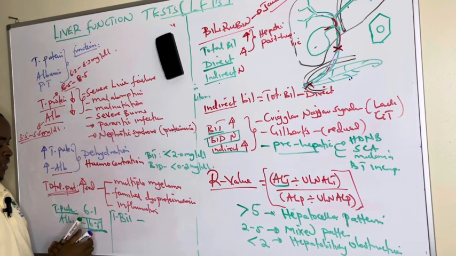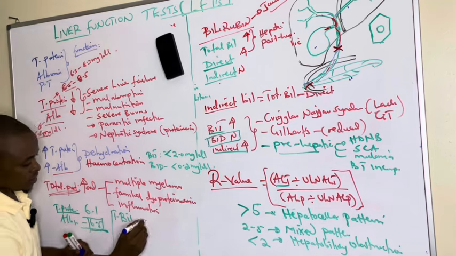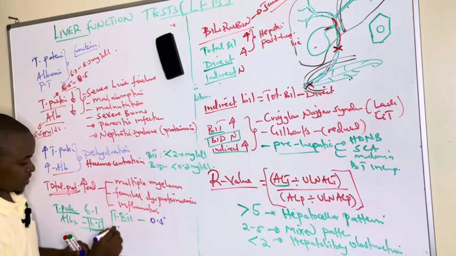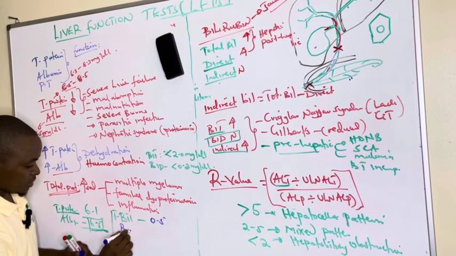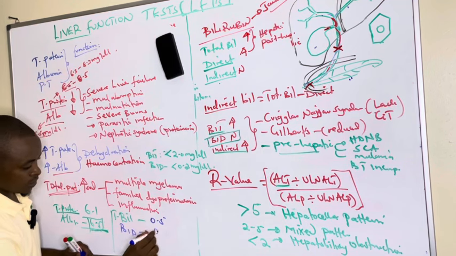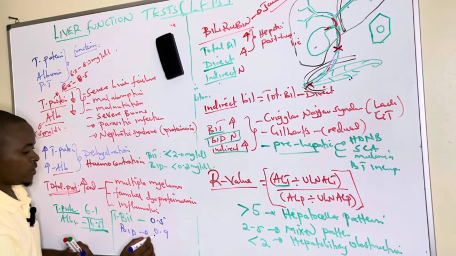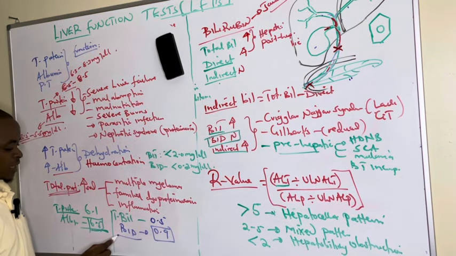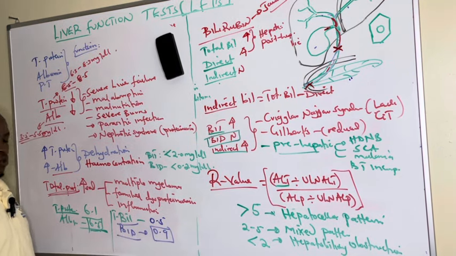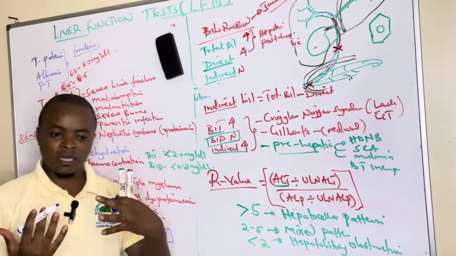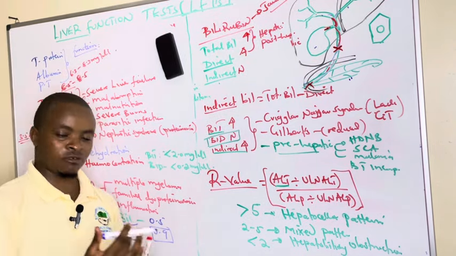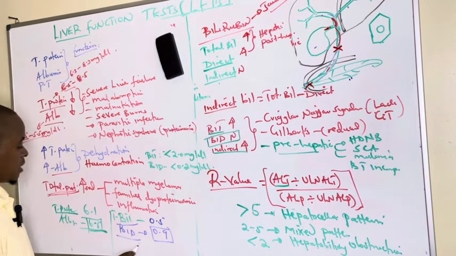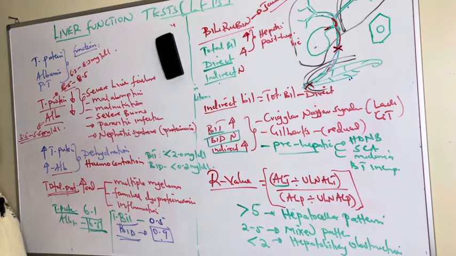And if you do the test in the lab, and the machine is giving you total bilirubin as 0.5 and direct bilirubin as 0.9, please do not sign off those results, because there is no way direct bilirubin can be higher than total bilirubin, because direct bilirubin plus indirect gives you total. So you cannot get direct bilirubin higher than the total.